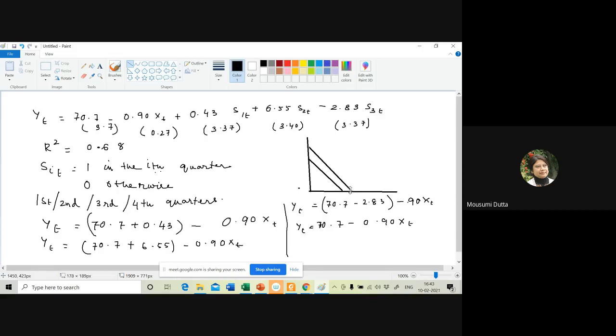So the highest intercept you have is in the second season.